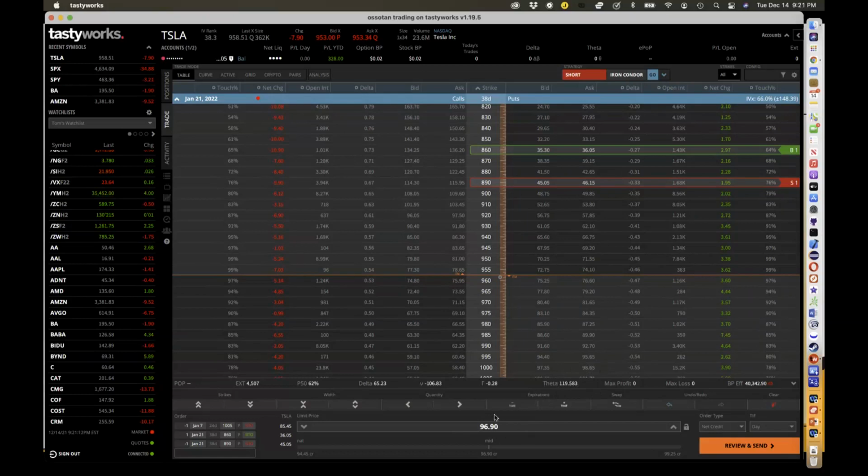If you go to expiration, you make the max profit, but who wants that? Nobody wants that because it goes to zero. For the buyer, you want to look at it every single day.